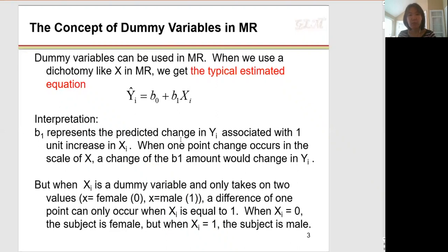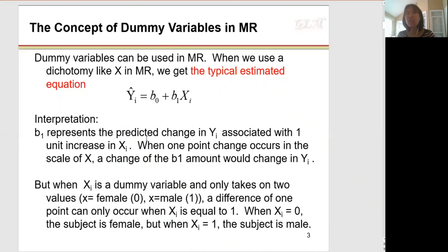B1 represents the predicted change in Y associated with 1 unit increase in X. So whatever the X unit is, B1 represents the predicted changes in Y associated with 1 unit change in X. So it's not scale-free, right?